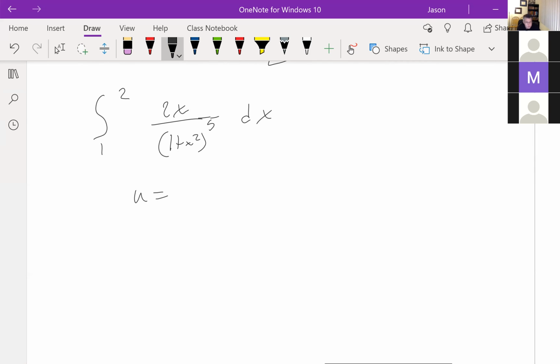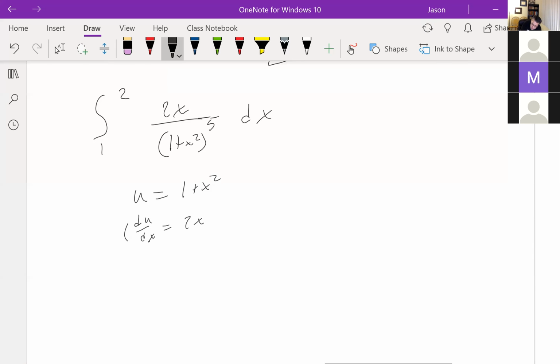Well, very similar to the last problem, right? So I'm going to let the 1 plus x squared be the u. And the du is equal to 2x dx. Nice. The other way you could think about this, and maybe this is what you were talking about, Oscar, is when you take the derivative of this, you get du dx is equal to 2x, right?